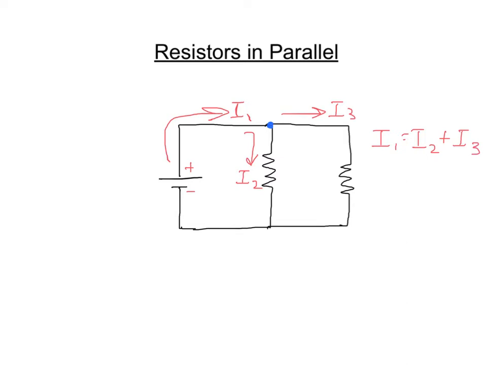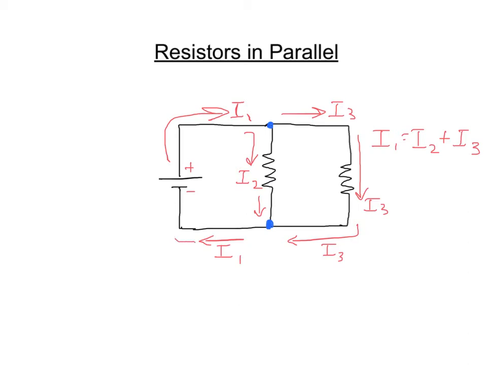All the I3 current is going to flow through that resistor, and then come down and flow through the bottom of that branch. I2, meanwhile, comes back, and they meet again at this bottom junction and combine to form I1 again.